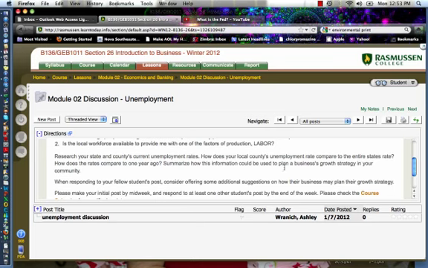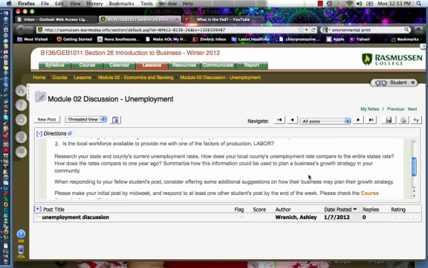You'll notice that in order to get full credit for the discussion, the university wants you to describe how your local unemployment rate compares to the entire state's rate, as well as how the current rates compare to a year ago. Others in the past have compared these rates to the national unemployment rates.